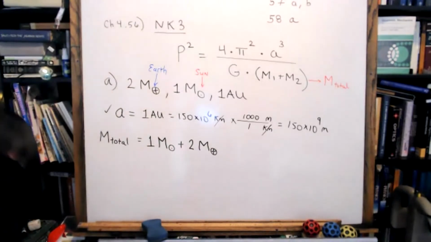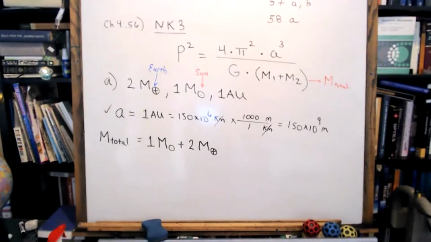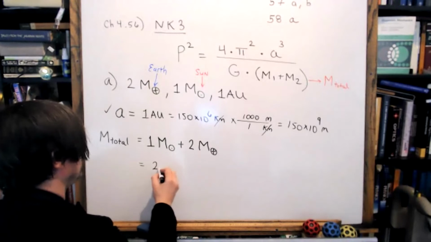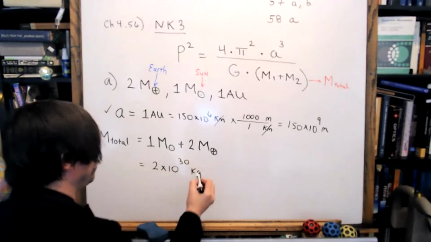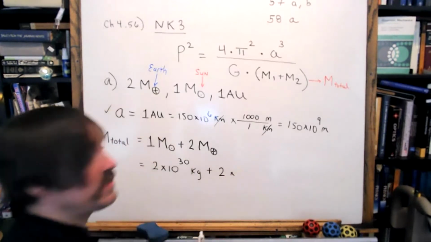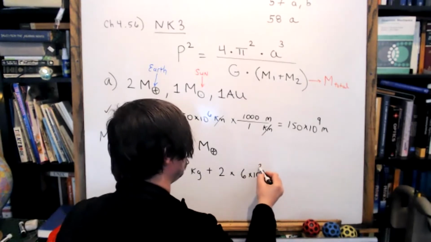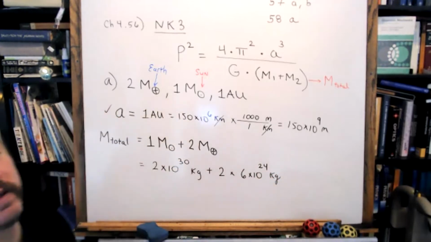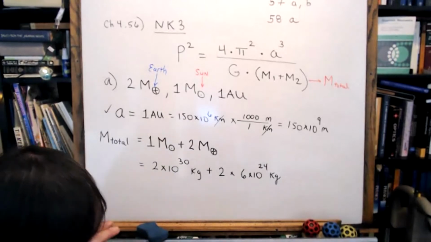And now I'm going to substitute values in. The mass of the sun is 2 times 10 to the 30 kilograms plus 2 times the mass of the Earth, 6 times 10 to the 24 kilograms. I want you guys to punch that into your calculators. Tell me what you get.